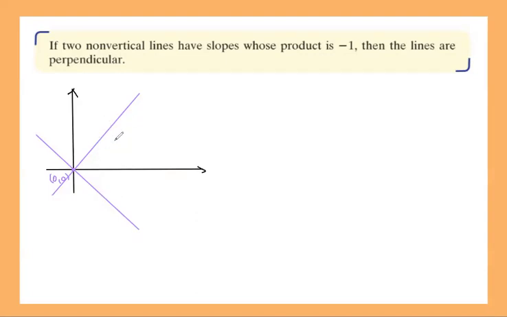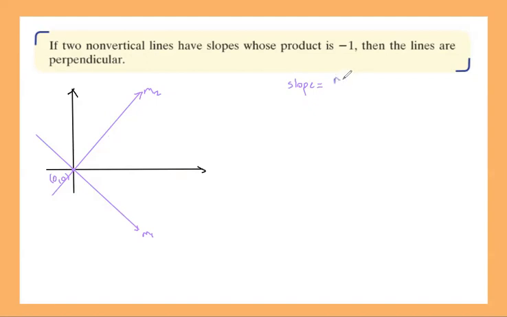So now we have two lines, okay? I'm going to say the slope of this one is m2, and the slope of this one is m1. Slope, if you remember, is the ratio of the change in y divided by the change in x.